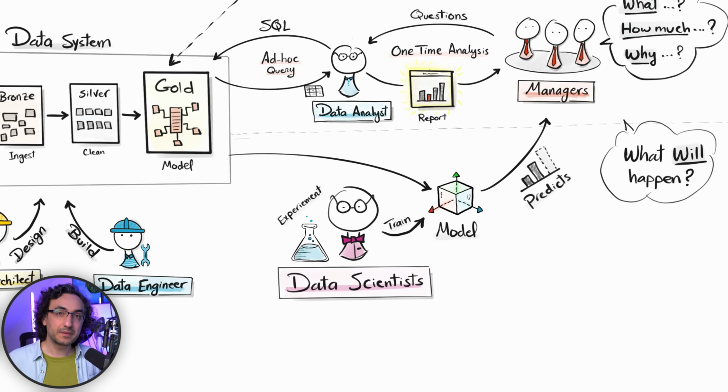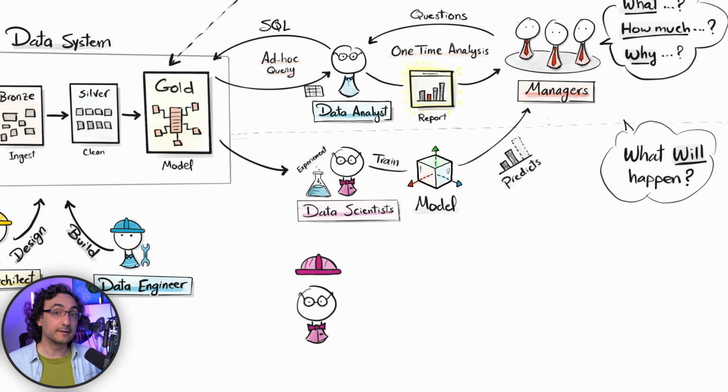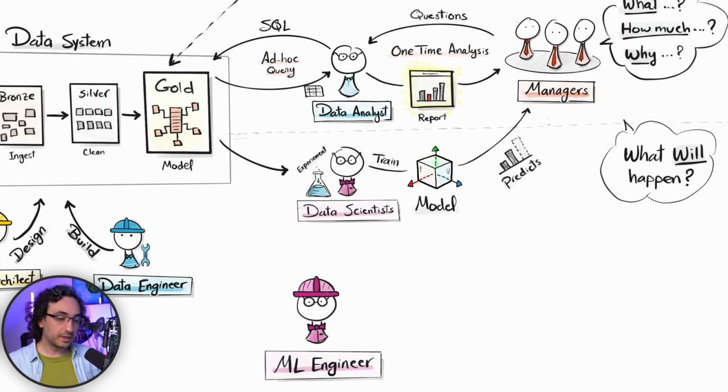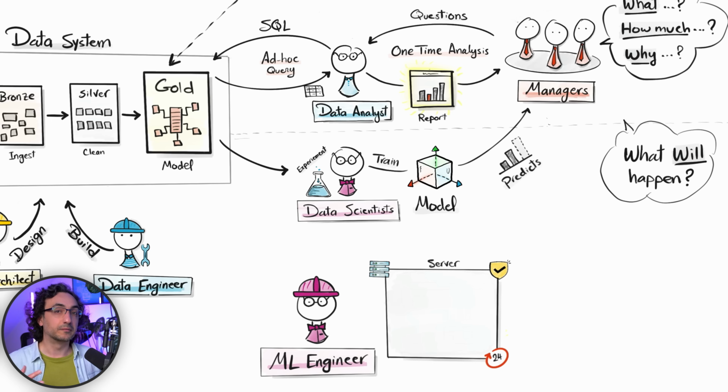And this is the same thing that happened before, right, with the BI developer. But now we need another type. We have the machine learning developer, the ML developer. So now what they are going to do is prepare a server and environments to run and deploy the model from the data scientist. They are going to put it in productive environments, and everything will now be automatically secure, scalable, and available 24/7.